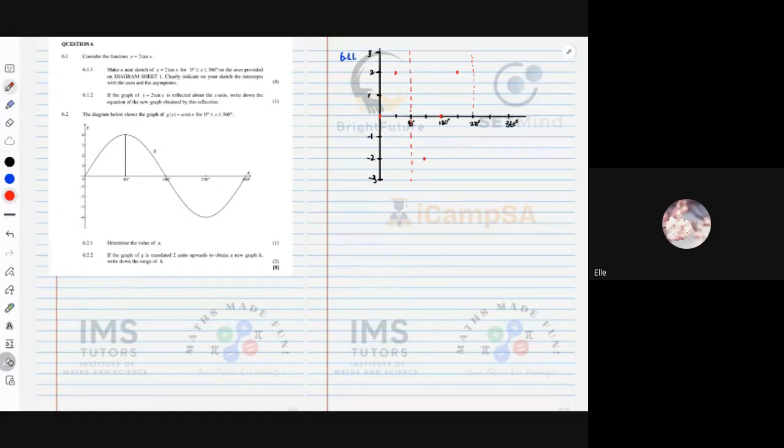Our graph will approach this value, but it will never touch it. We don't touch that value. Next is 315, which is minus 2, and then lastly 360.